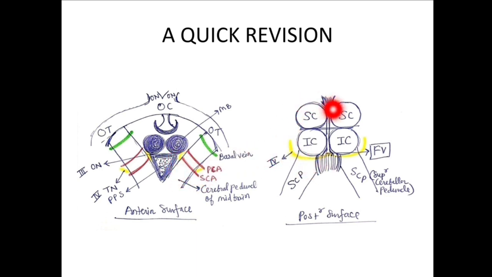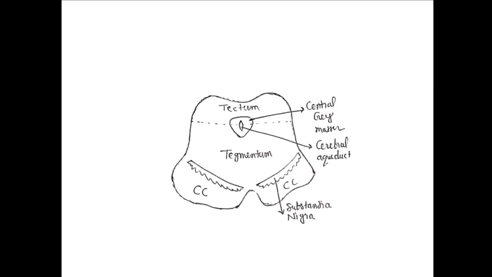And this is the dorsal surface of the midbrain, showing colliculi, cruciform sulcus, frenulum veli, superior cerebellar peduncle, and crossing of the trochlear nerve.